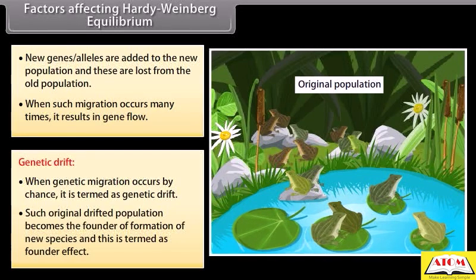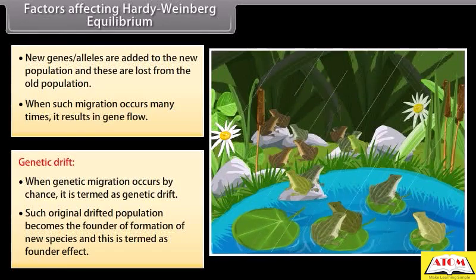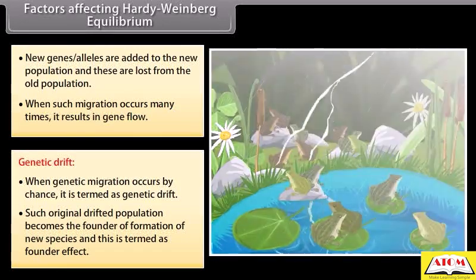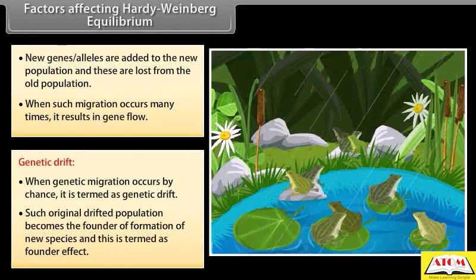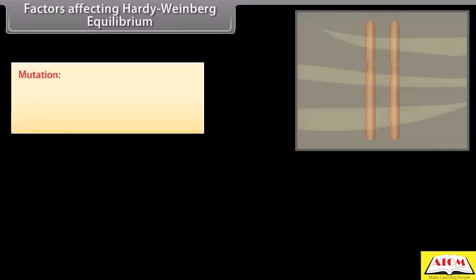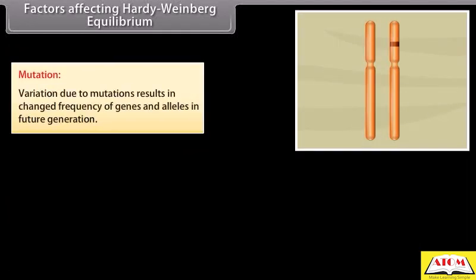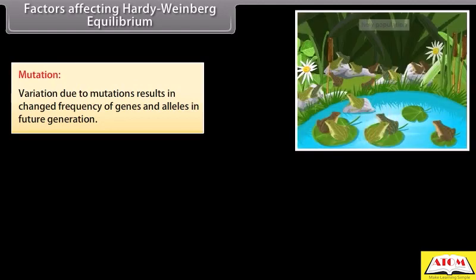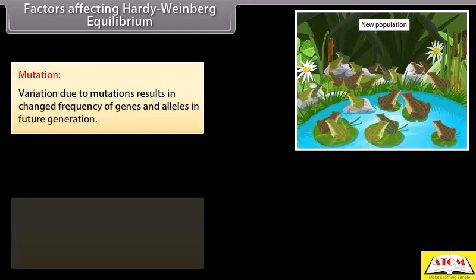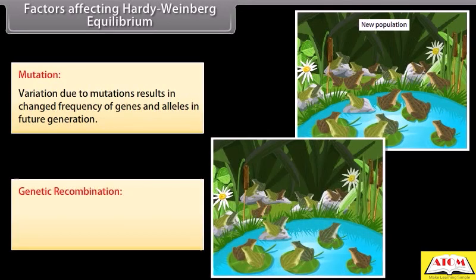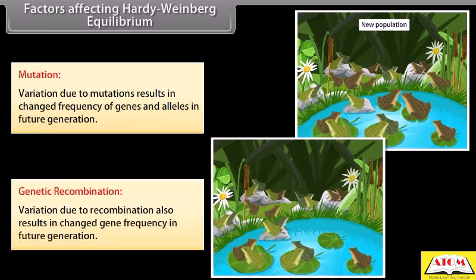Such an original drifted population becomes the founder of a new species, and this is termed the founder effect. Mutation: variation due to mutation results in changed frequencies of genes and alleles in future generations. Genetic recombination: variation due to recombination also results in changed gene frequency in future generations.